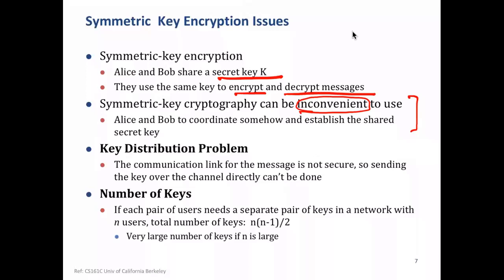Now note that symmetric key works only between a pair. Did you notice it? Only two entities can use it. Suppose I want to communicate with a friend, and the both of us will share the same key. But if I want to communicate with each person in this class, I will need 50 plus keys. Each pair will require a key. So there is a problem here.